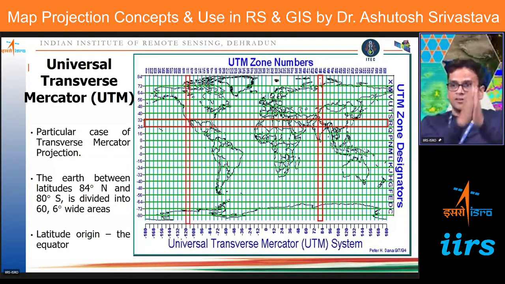We define the grids with a size of around 6 degrees of longitude. If anyone falls in a particular zone only, then they will use that particular UTM zone number. So the idea is that the distortion can be kept within one region only. If we are not falling in that zone, then we go for another zone.